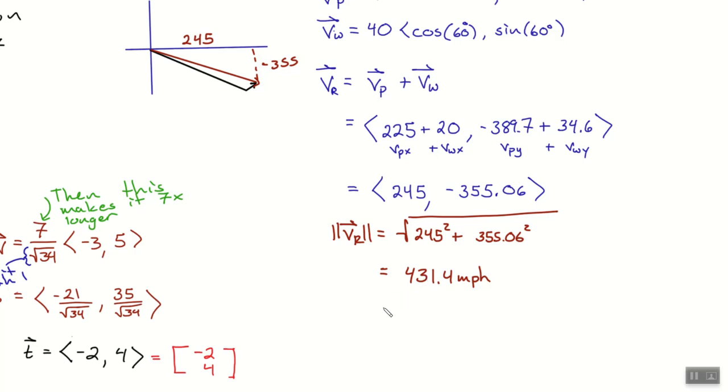Okay, how do we find the angle? I have a y and an x, or a sine and a cosine. I know that theta is just the arctangent of whatever the y over the x is. So it looks like it's negative 355, I'm sorry, 0.06 over 245.